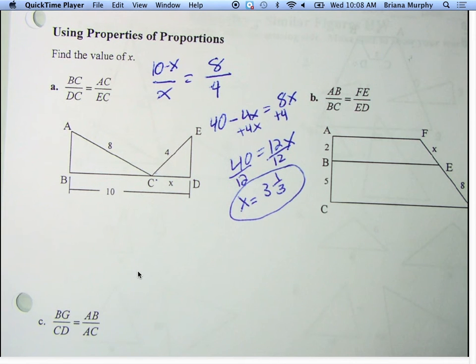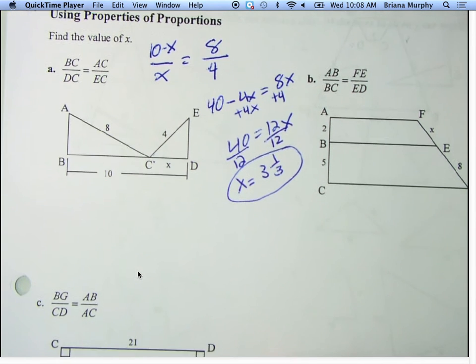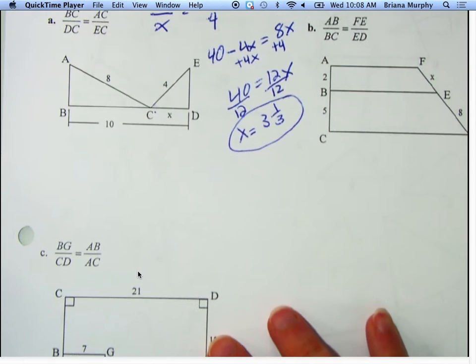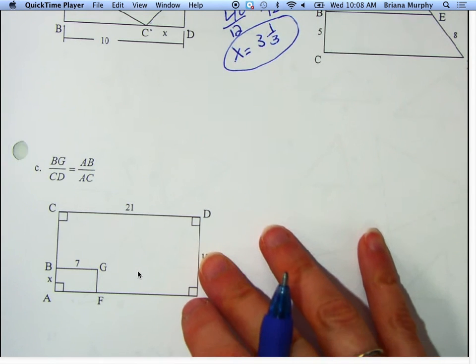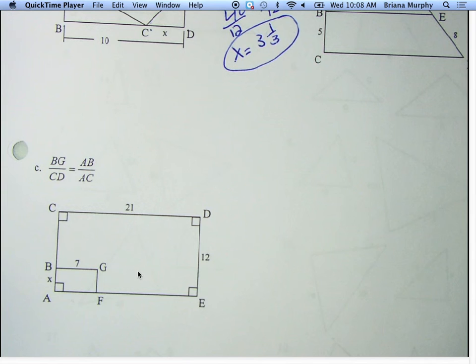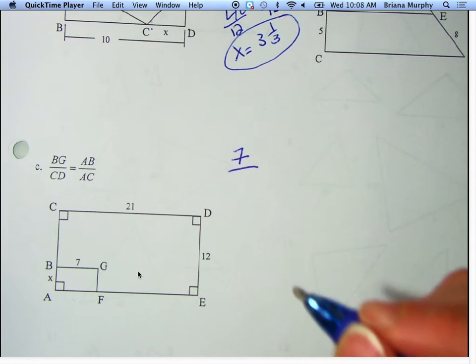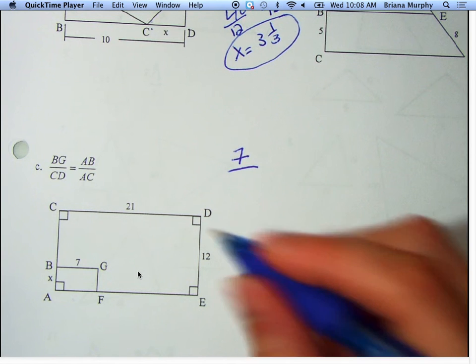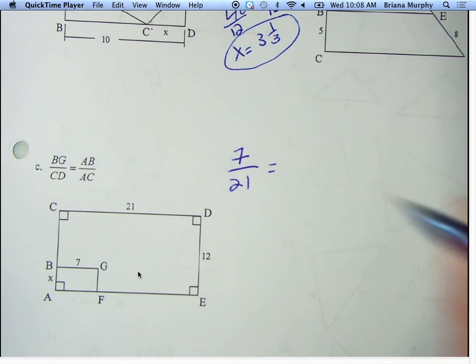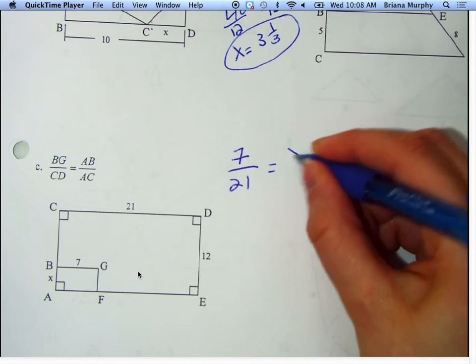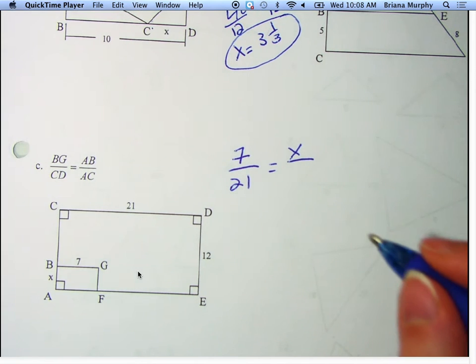Okay, I'm going to skip to C real quick and then we'll come back up to B. So I'm going to go down to C. Okay, B to G is 7. What's C to D? Okay. What's A to B? Okay, here's the tricky part. What's A to C?